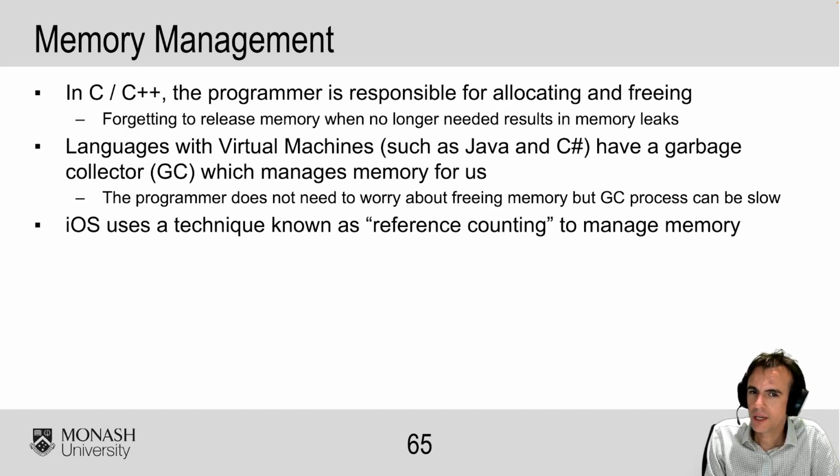So iOS uses a technique that's known as reference counting to manage memory. And what this means is that most of the time it just looks at references to things. So if you create an instance of a class and then you assign another variable to point to it after there is already one, you increase the reference count, and then if the first variable goes out of scope, the compiler knows there's still one reference to that object in scope, and then when that goes out of scope, then it knows there are no references because the reference count has reduced back to 0, and it knows it can free the object.